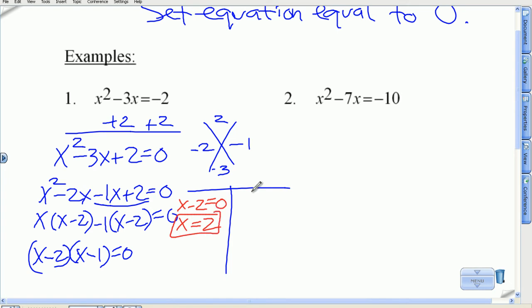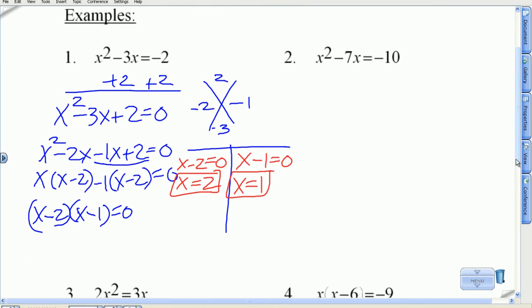I'm going to take x minus 1, set that equal to 0, solve for x. x is equal to positive 1. Those are the solutions. If I want to write it as a solution set, I can write x is a member of the set with 1 and 2 in it. And there it is as a solution set.